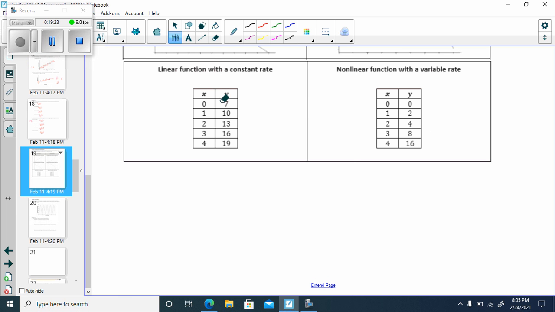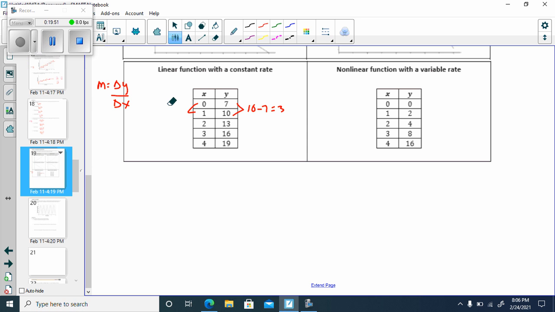Now let's decide down here whether these two functions are linear or nonlinear. I know it's got it written, but I want to show you how you can tell. If the slope is the same between every point, the change in y over change in x is the same between every xy coordinate pair, then it is linear. So let's check this one. If I check my change in y's, that's 10 minus 7, okay? So that would be 3.